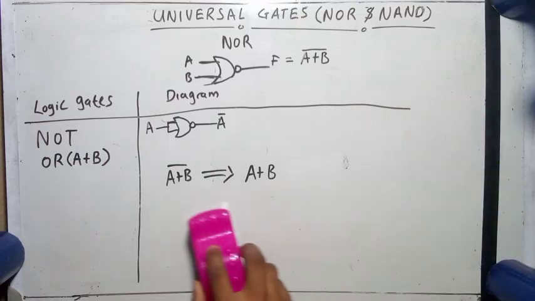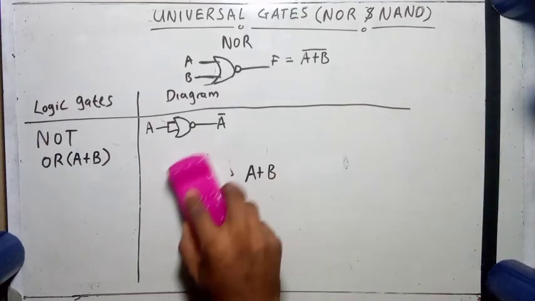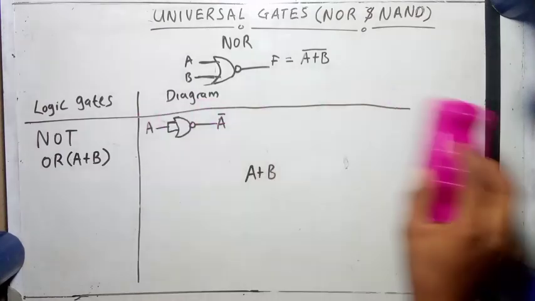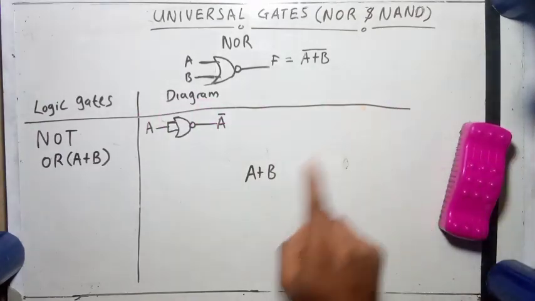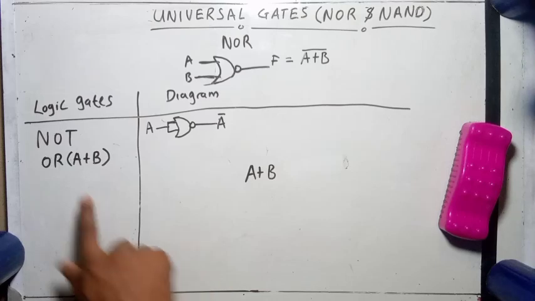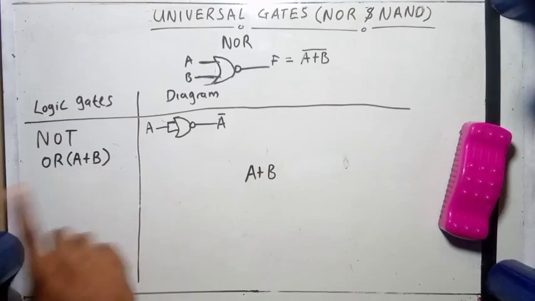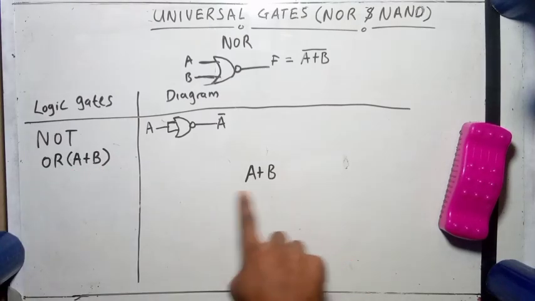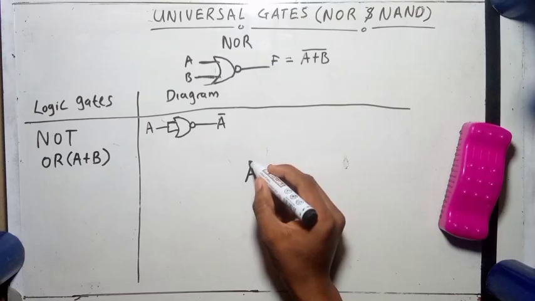The idea is this: when you are asked to use any of the universal gates, in this case NOR, to implement another gate, write the expression of that gate as we have done. Now you double bar it.